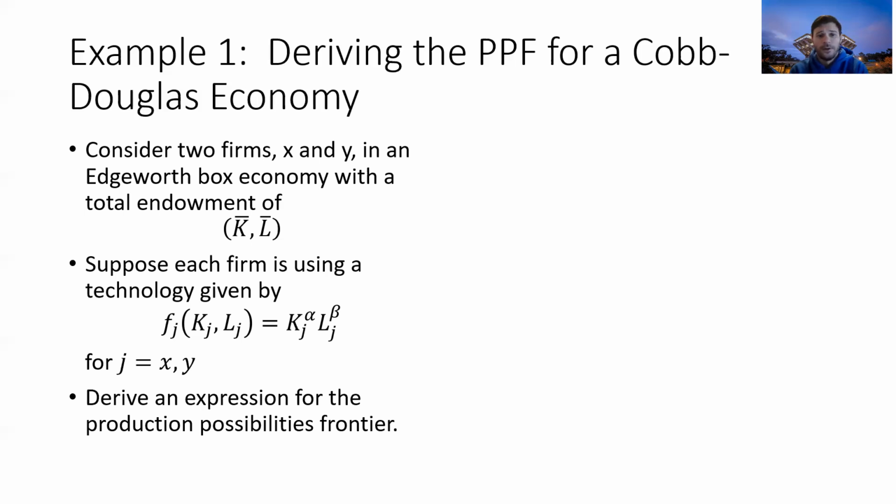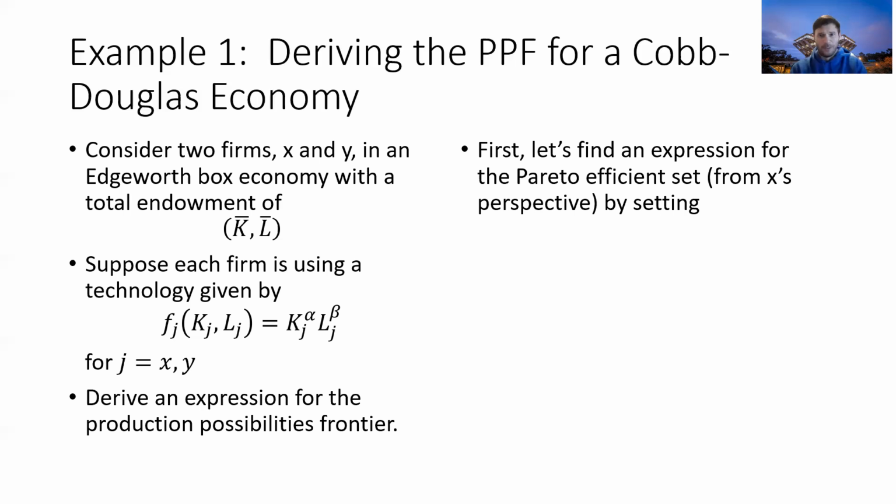Okay. So first thing we have to do to find the PPF is we need to figure out an expression for the Pareto efficient set with respect to the input orientation of the Edgeworth box. And we're going to recognize our ability to do that in this particular case where we have these smooth differentiable technologies is by using this necessary condition where the marginal rates of technical substitution are equal to each other.